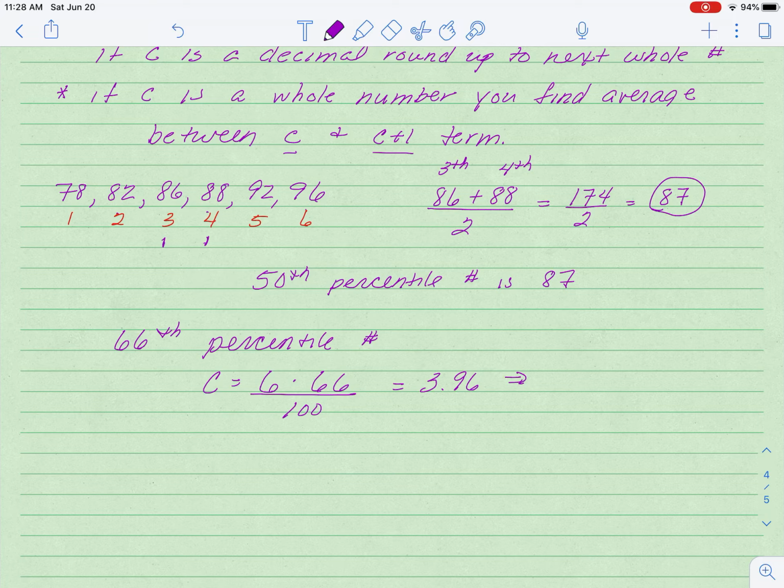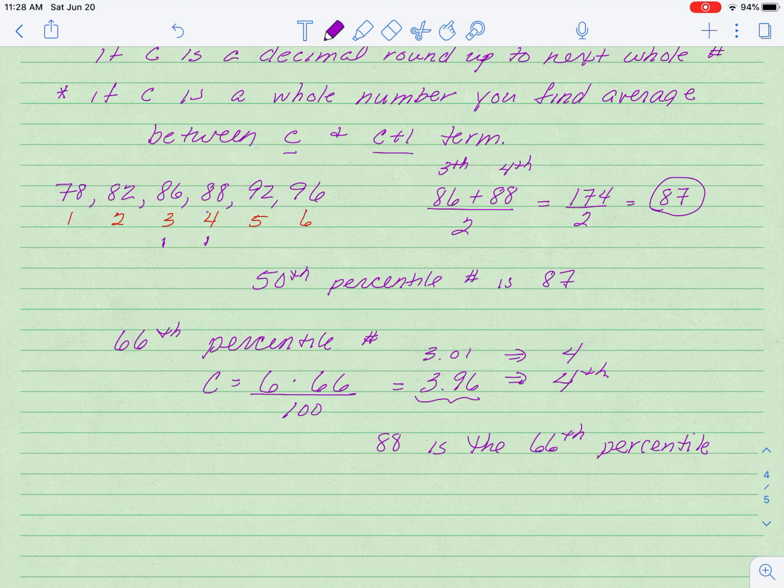So we round up to the next whole number. So that's the 4th. So the 4th number, that's 88. That's the 4th number in this sequence. 88 is the 66th percentile. Now, it's a lot of different percentiles, but it is the 66th percentile. And even if this was the number 3.01, I would still round up to 4. We're not rounding to the nearest number, we're always rounding up to the next whole number.